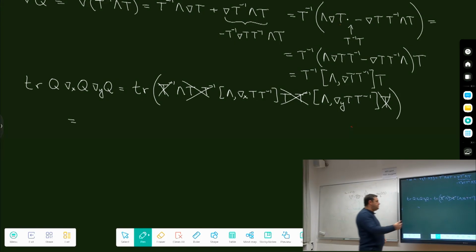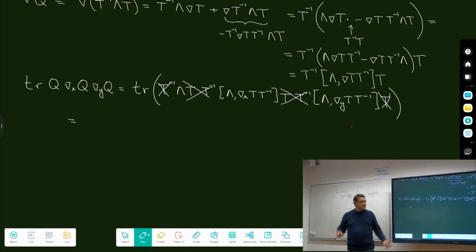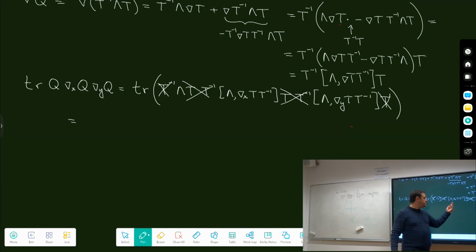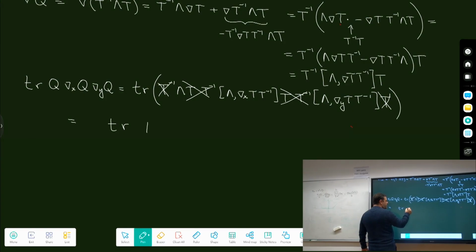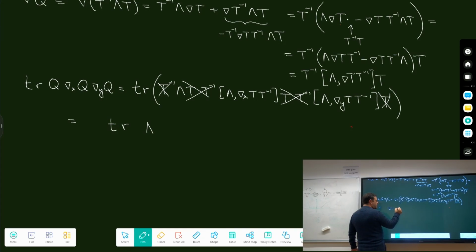That's very easy. I have in total 4 terms. Each commutator has 2 terms inside and 2 different orders, and this has 2 different orders. So I have 4 terms in total. And this thing I will do without writing them all explicitly, and then we will discuss and find that this is really obvious. Let's do it like this. I have gradient x T inverse lambda gradient y T inverse.